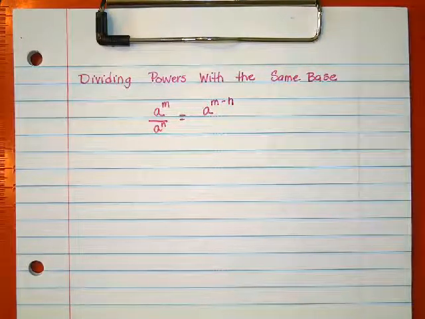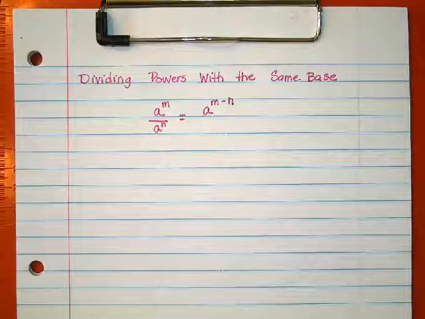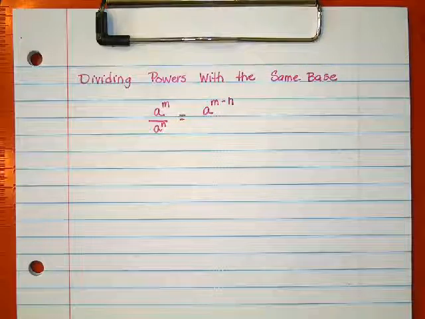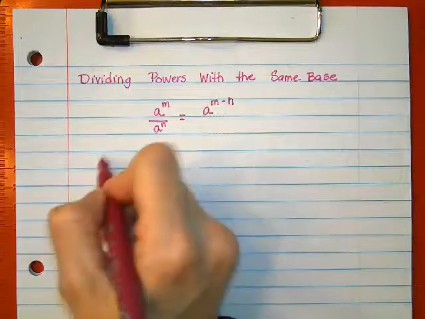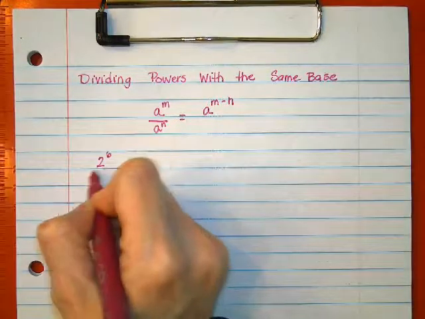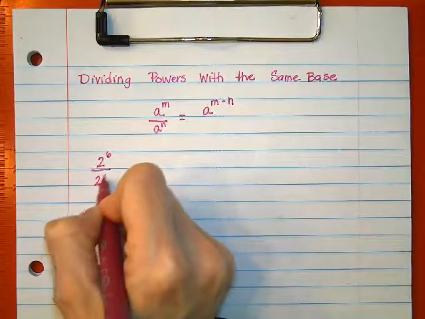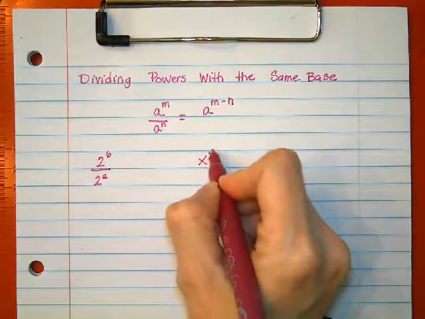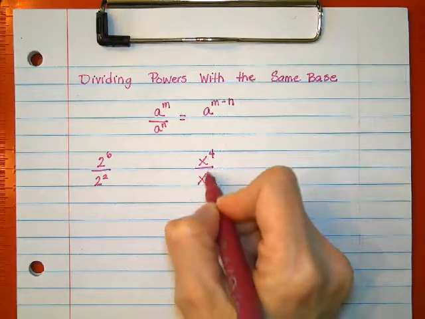I'm going to show you how to do this with both numbers and variables, and then we'll build on this one. We're going to start off with 2 to the 6th divided by 2 to the 2nd. And then we will try x to the 4th divided by x to the 7th.